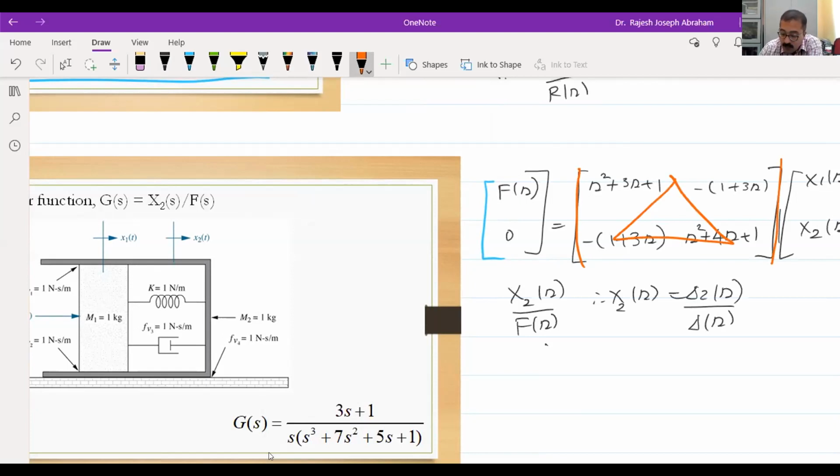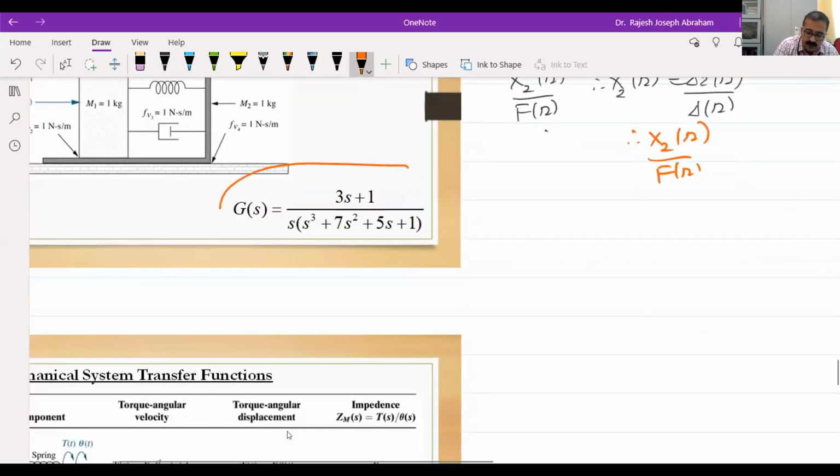That means s square plus 3s plus 1, minus of 1 plus 3s will be the first column. Second column will be F of s, 0. So you can find X2 of s, and eventually you will get X2 of s divided by F of s, and that should be (3s plus 1) divided by s into (s cube plus 7s square plus 5s plus 1). This should be the transfer function relating X2 to F of s.